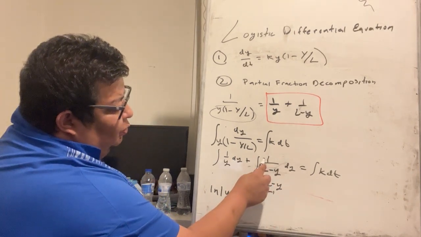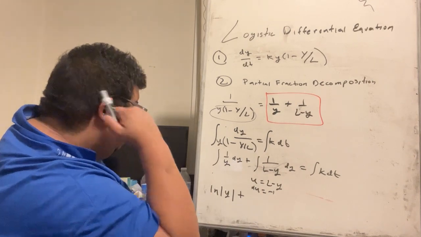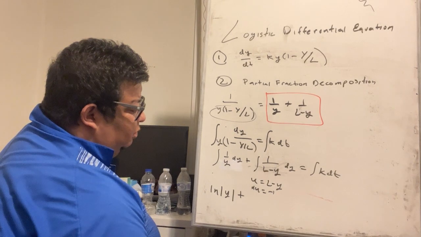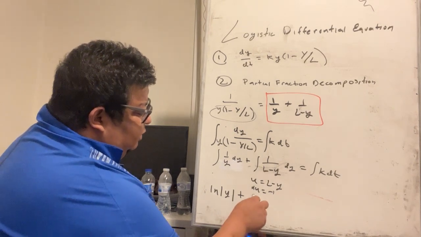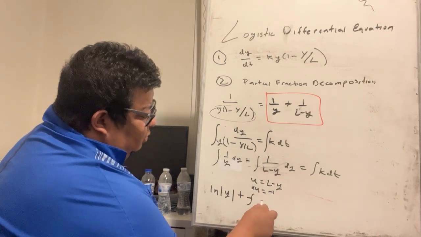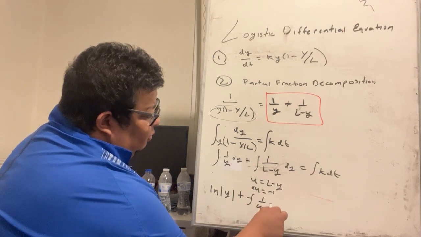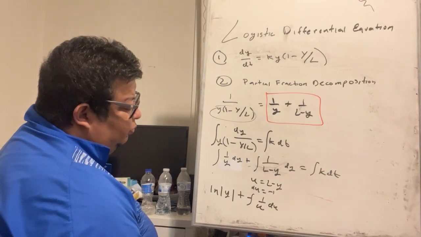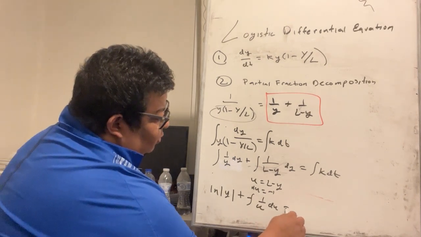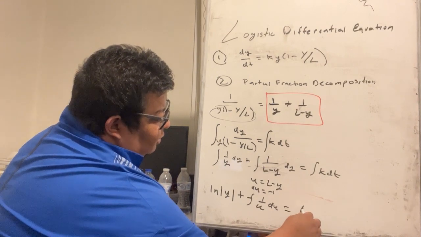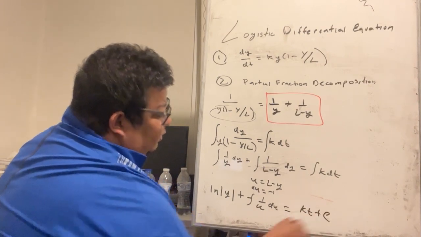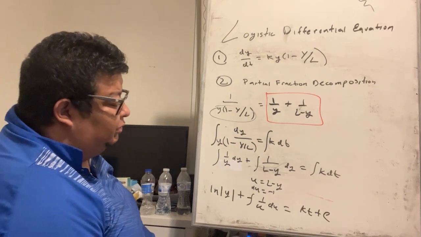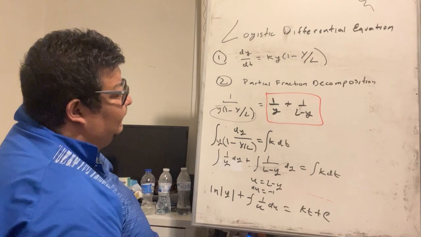But I see a 1 here and we need a minus 1. So the way we do it is we let this integral look like this, minus 1 over u du, equals, and then the right side is kt plus C. We only need one constant of integration.